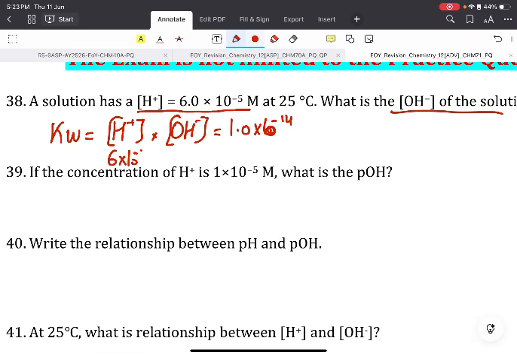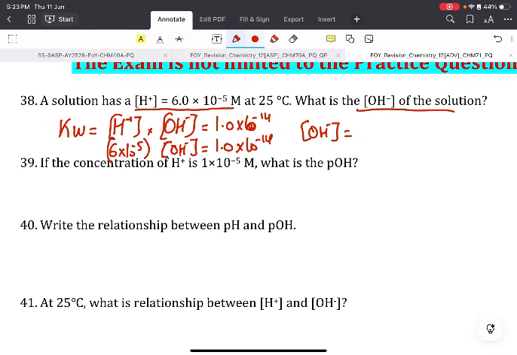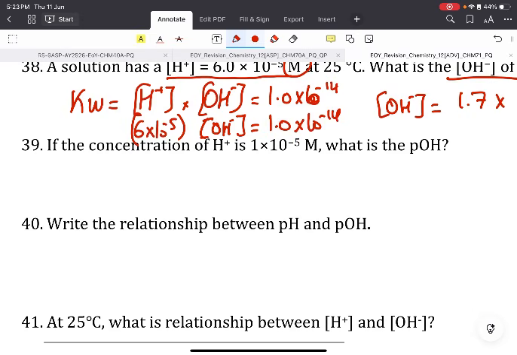So I'm going to substitute, and the concentration of OH minus is going to be 1.7 times 10 to the power negative 10. Do not forget the unit, molar, just like the one over here.